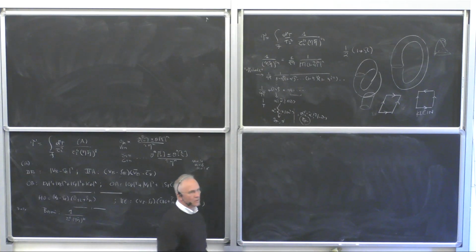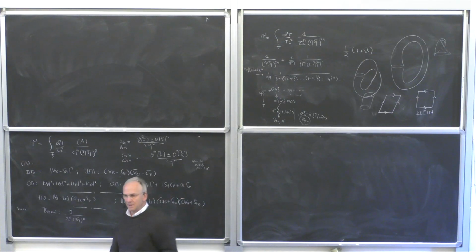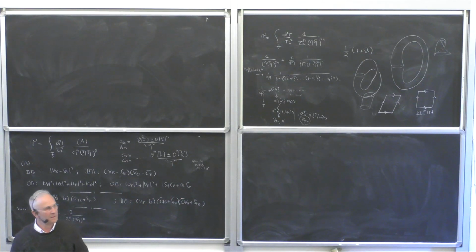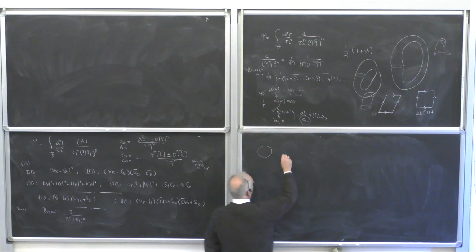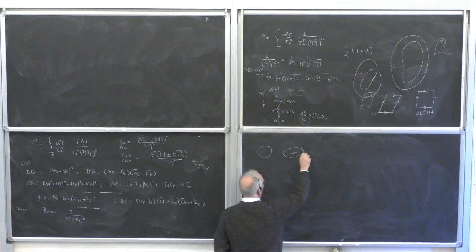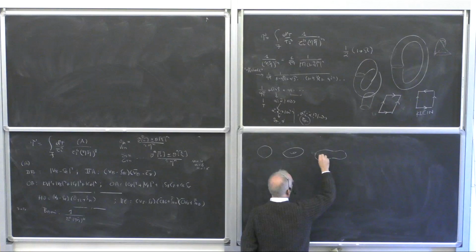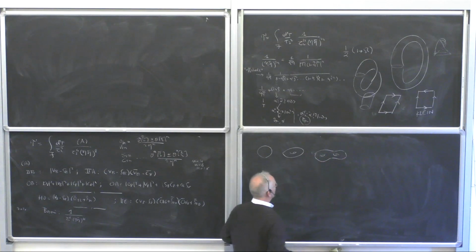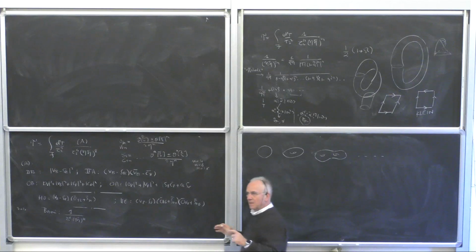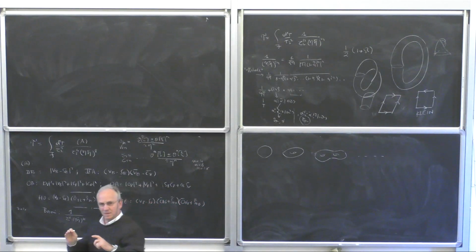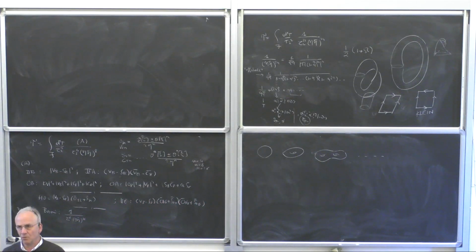What are the ordinary Riemann surfaces that enter the construction for the closed string? Well, the first one is a sphere, then you have a torus, then you have a double torus, and you see that this sequence is on a par with the sequence of Feynman diagrams, including no loops, one loop, two loops, and so on and so forth.